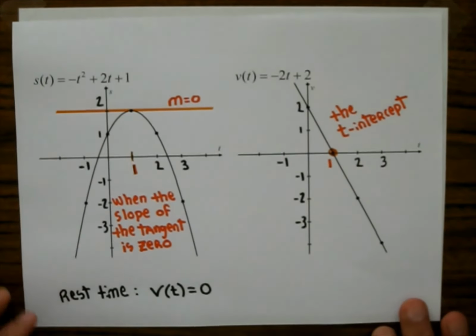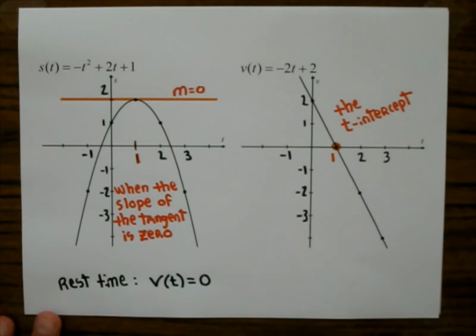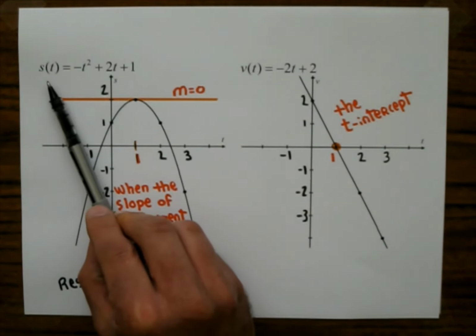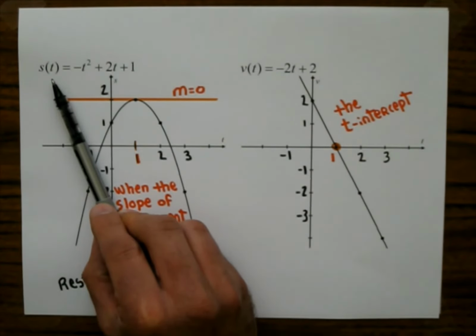The last thing that I want to look at, and I just wanted to put these side by side, is the rest time. The rest time is when the velocity is equal to 0. We would have to compute the rest time if we were given the position function and wanted to find the total distance traveled. So we had that earlier.